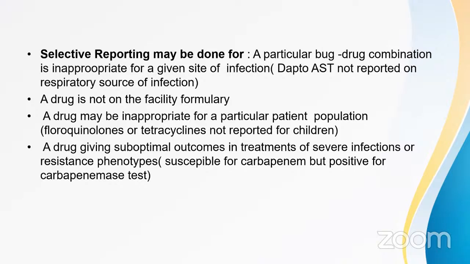Reporting is also not done if a drug is not in the facility formulary, or if a drug may be inappropriate for a particular patient population, for example fluoroquinolones and tetracyclines not reported for children. And also for drugs giving suboptimal outcomes in treatment of severe infections or resistant phenotypes. We may see susceptible for carbapenem, but it may be positive for the carbapenemase test.